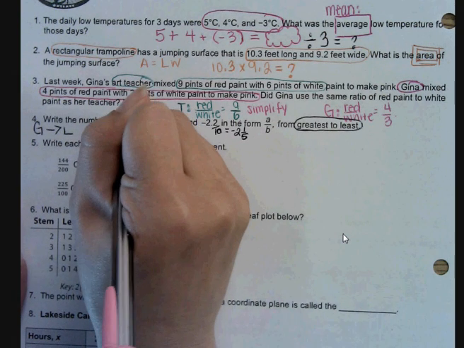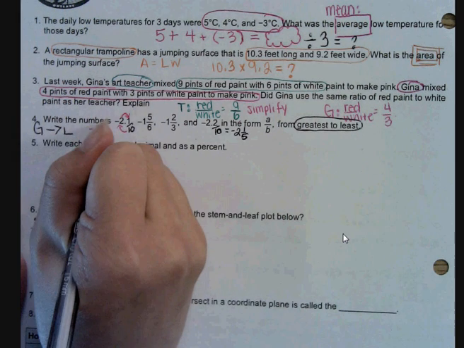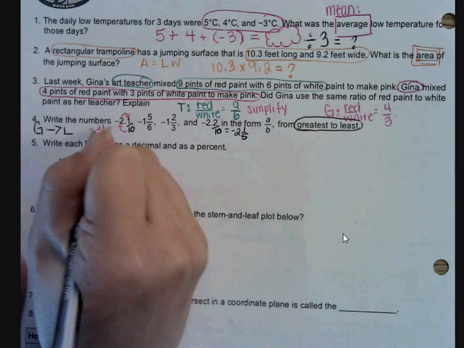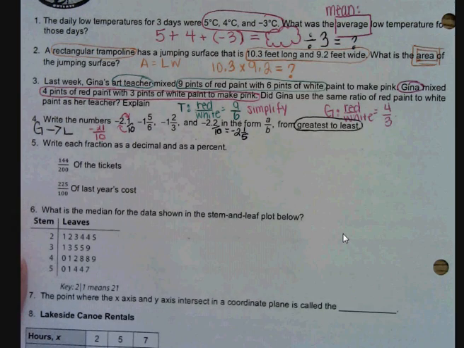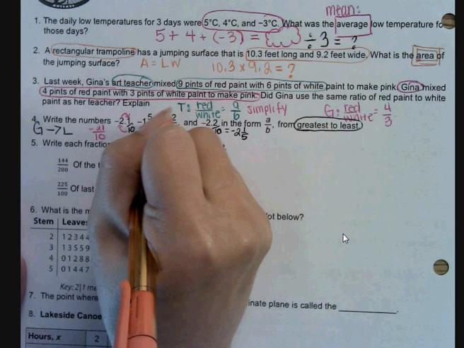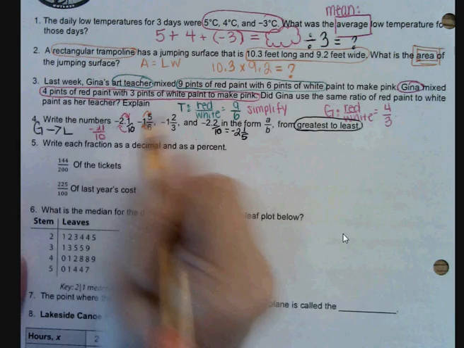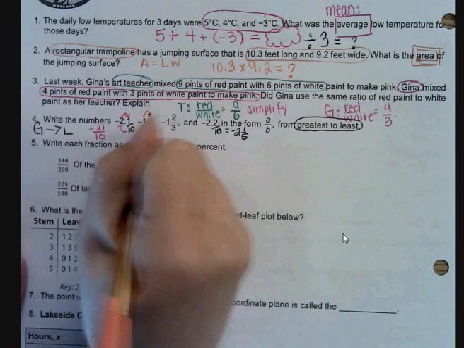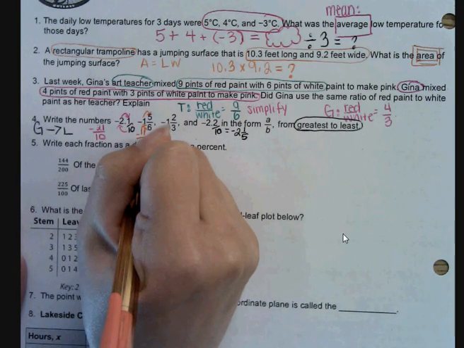Negative 2 times 10 plus 1, you get negative 21 over 10. Okay? When you take 6 times 1 plus 5, 6 times 1 is 6, plus 5 is 11. You'll get negative 11 over 6.